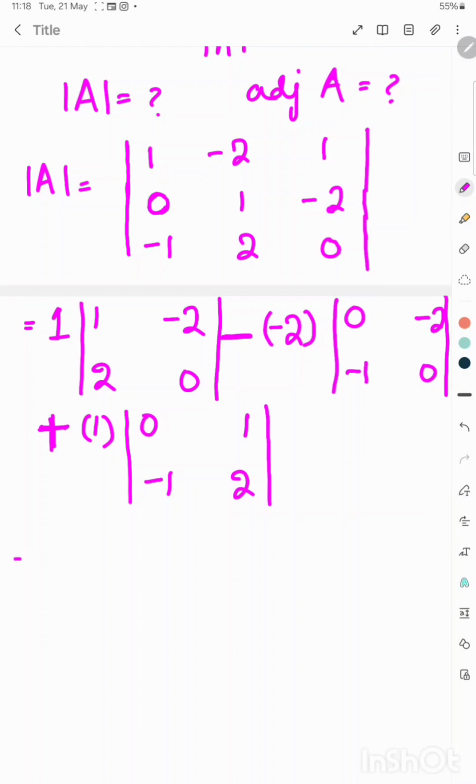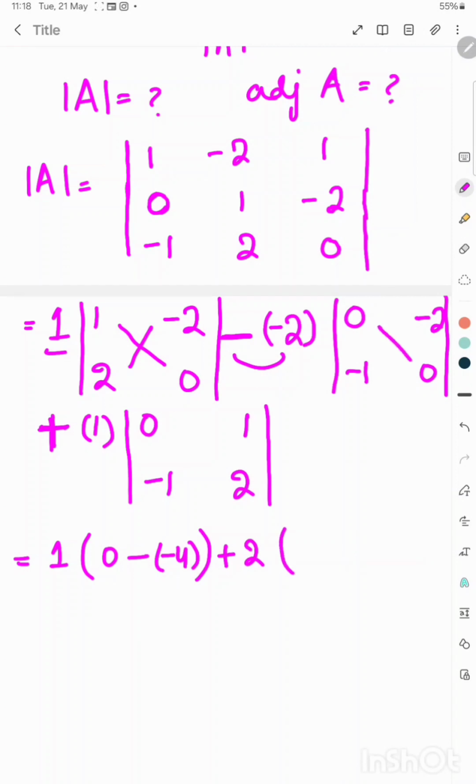Now, as the first element is 1, I will write 1. And here I just cross multiply these two numbers and put the negative sign between them. So 1 multiplied by 0 is 0 and minus 2 multiplied by minus 2 is minus 4. Now I will go further; as you can see, minus into minus is plus 2.